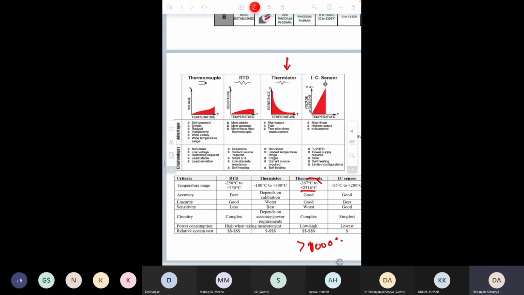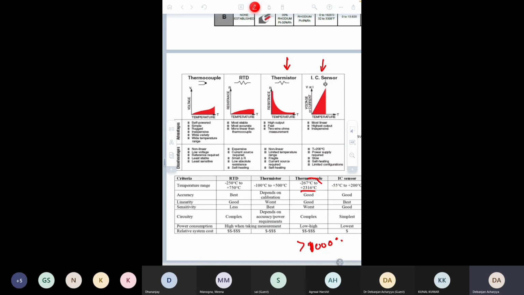Thermistor is very fast and highly sensitive among all sensors. And the IC sensor is a semiconductor based, chip based sensor, but this IC sensor is for low temperature measurement.